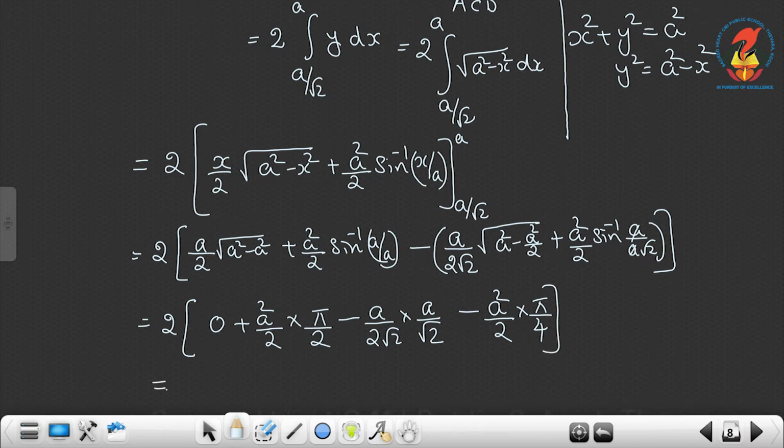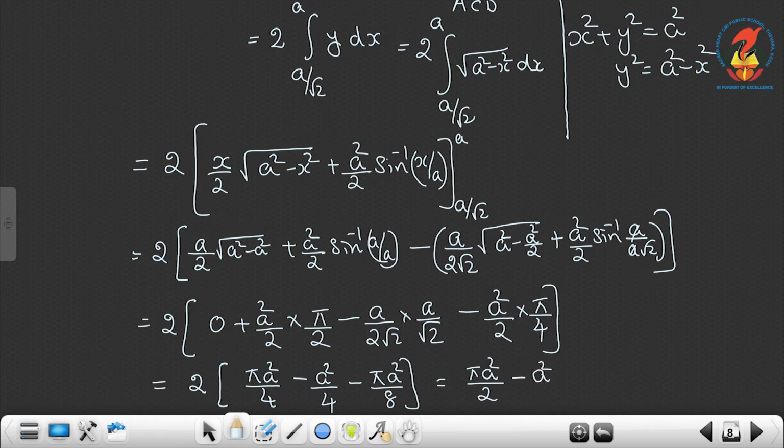Now again simplification. 2 into pi a square by 4 minus a square by 4 minus pi a square by 8. Multiply by 2. So pi a square by 2 minus a square by 2 minus pi a square by 4.